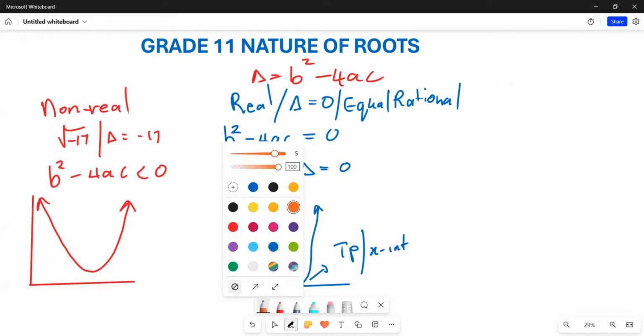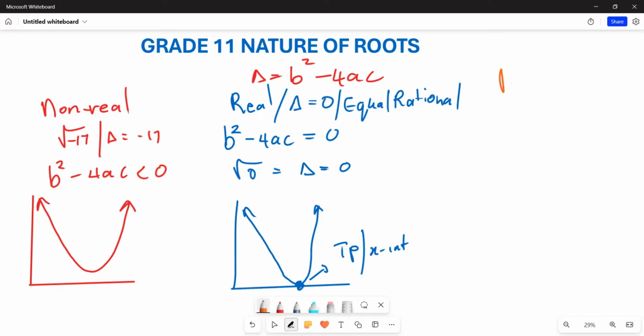Now remember you can have roots that are real. But under real roots, you can have two unequal roots, right? So what does two unequal roots basically mean?